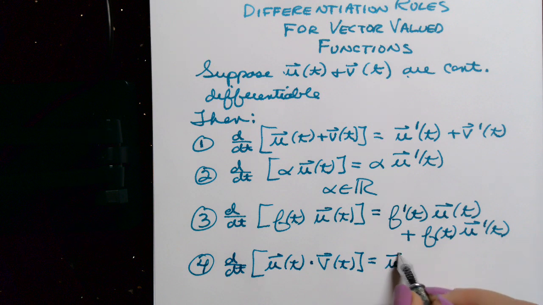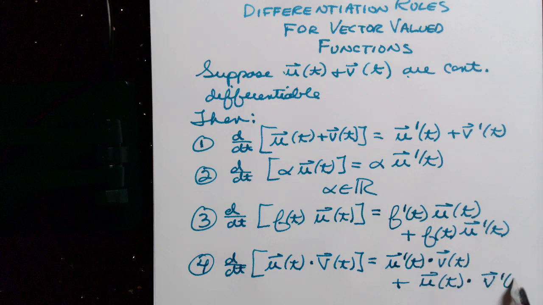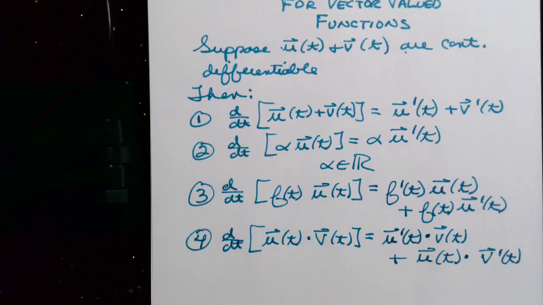And it is, again, exactly what you would guess. You differentiate the first dotted with the second, plus the derivative of the second dotted with the first. And since the dot product is commutative, it doesn't matter which order you write that in.